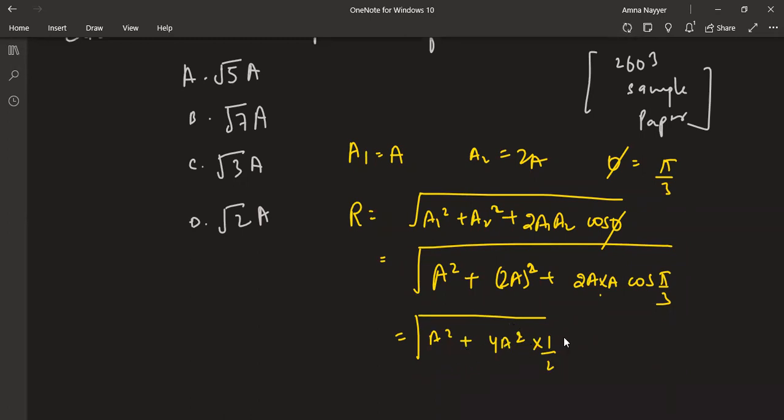So 5A square plus 2A square, that will be 7A square. So root 7A square, that will be A root 7. So answer is B option. Yes, B option, right.